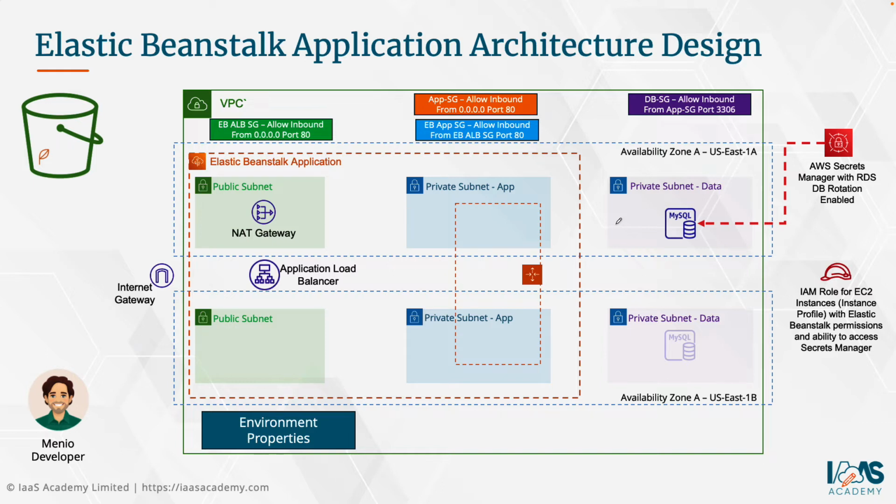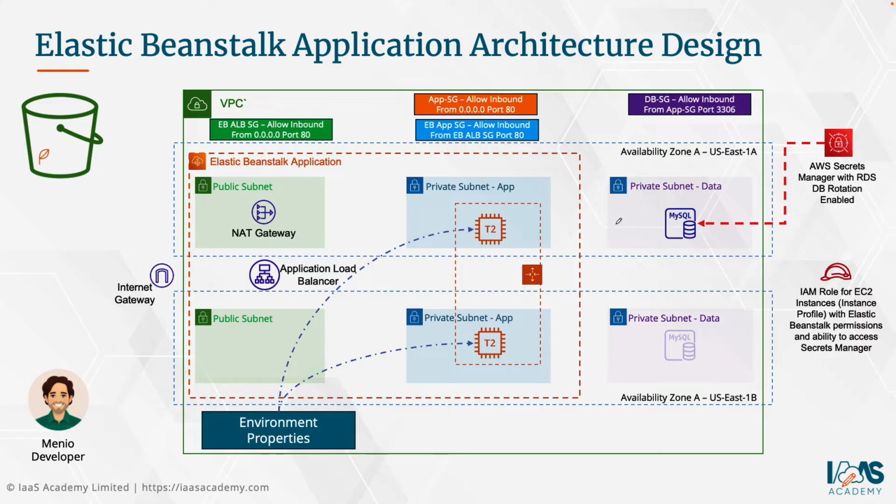In addition to that, Elastic Beanstalk will obviously consume the application code and deploy the EC2 instances as per the configuration of the auto-scaling policies and deploy the application on those instances. Those instances will be able to consume the data in environment properties.